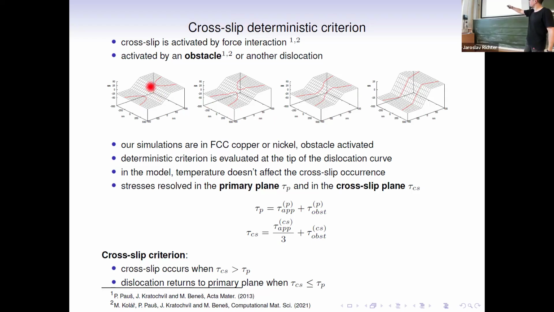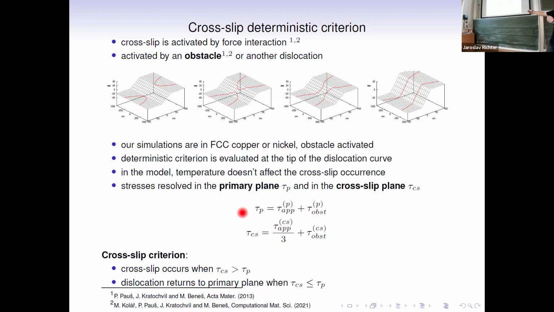I would like to consider a cross-slip which is activated by an interaction with an obstacle, because computationally it is much more interesting. And what the physicists know, it is also kind of frequent in copper or nickel. So here, as you can see, the inequalities. This is actually what Honza Kratochvíl has in a more than 10-year-old paper with Petr and Michal.